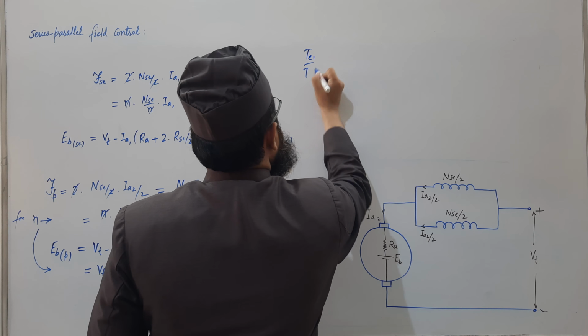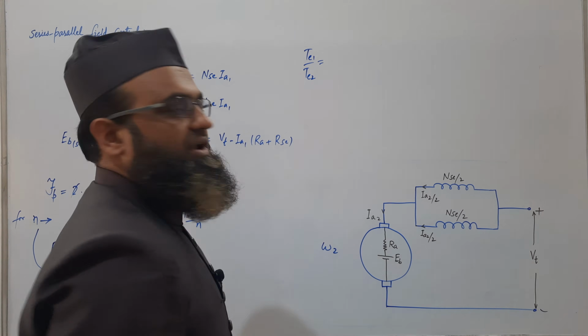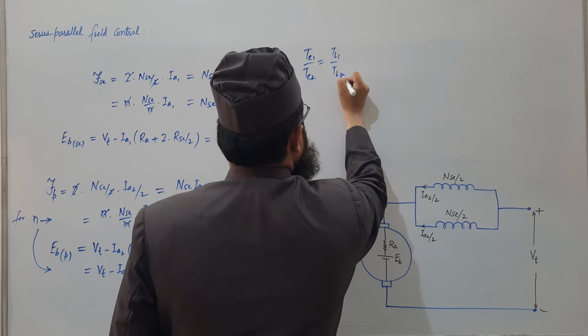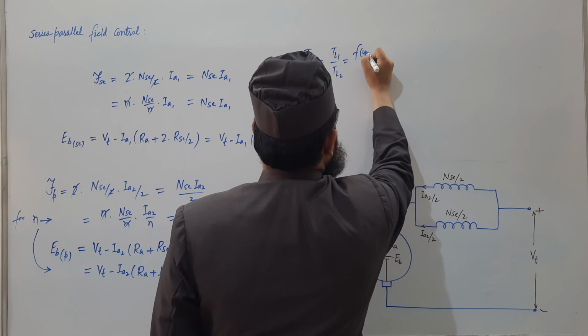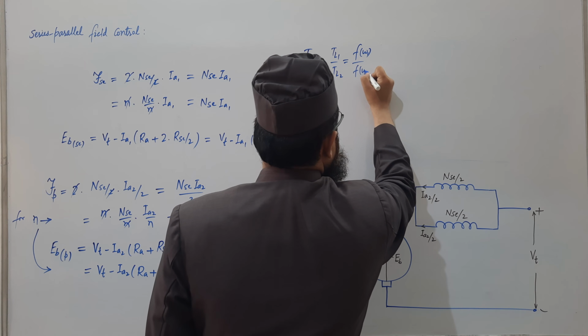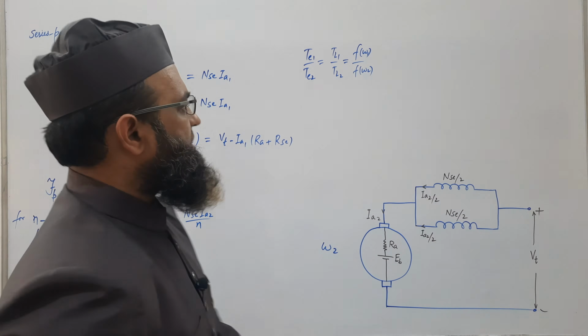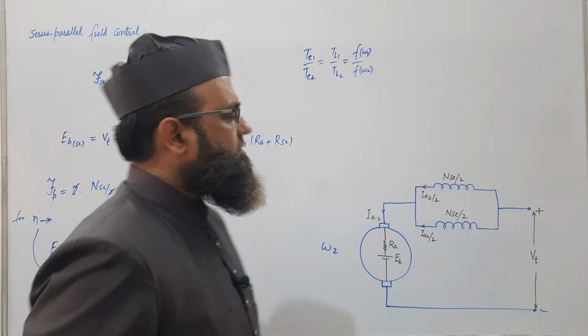TE1 by TE2 for a steady state must be equal to TL1 by TL2, and the load torque may be a function of speed or may be constant. If load torque is constant, this ratio will be 1, as we know. If not, then we need to evaluate.